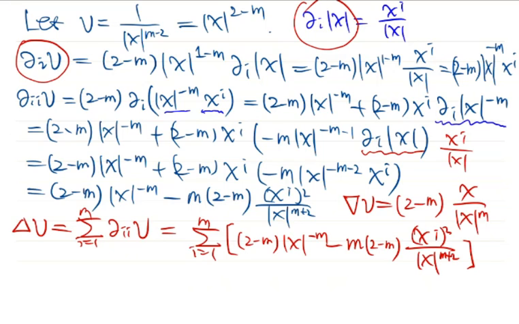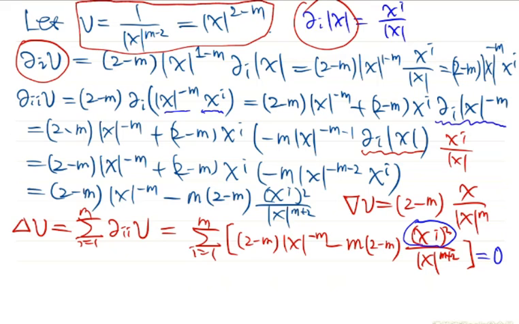Simplifying this computation and observing that the sum of xi squared is precisely the square of the norm of x, we obtain the final result, that is 0. So we have constructed a function v given at the beginning of this page.